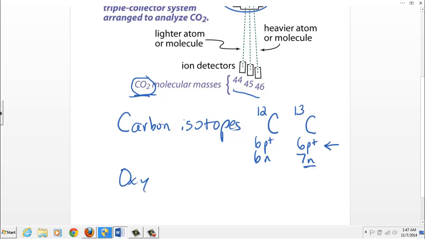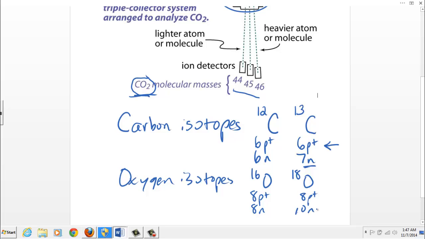Let's see, oxygen isotopes. Well, there are also 2 main isotopes. There's oxygen 16, 8 protons, 8 neutrons, and there's oxygen 18, 8 protons, 10 neutrons. So it's 2 mass units heavier, and they're not in equal proportion.